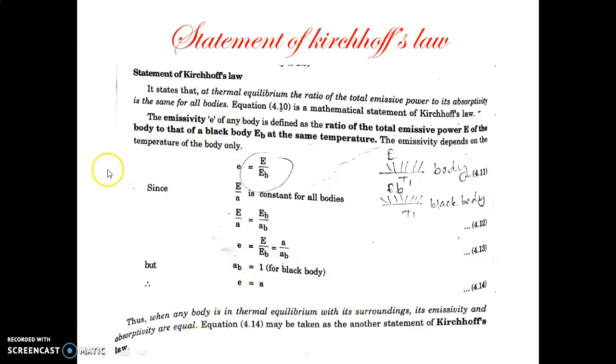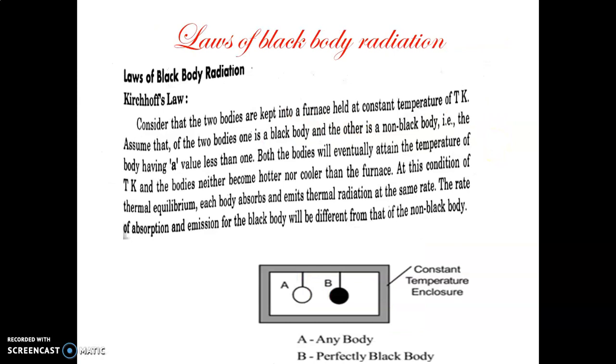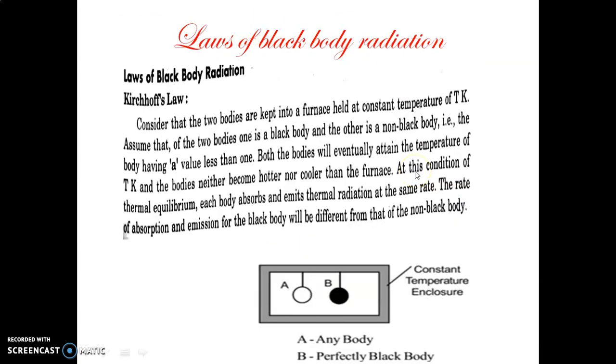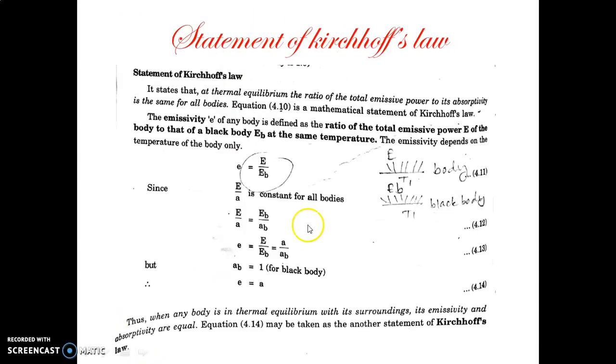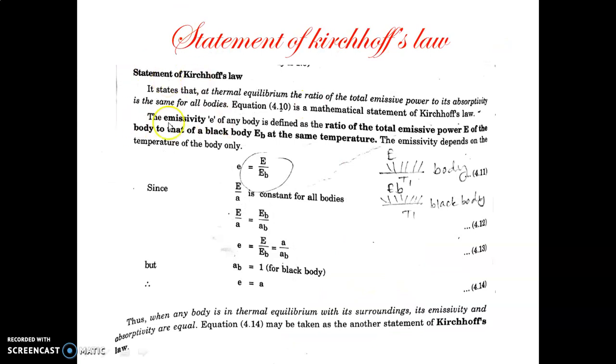Note that emissivity and emissive power are different things. Emissive power is the total radiant energy of a body per unit time, and this small e is another quantity. Emissive power is not a ratio, but emissivity is a ratio. This emissivity term can be used for the calculation of radiation heat transfer.